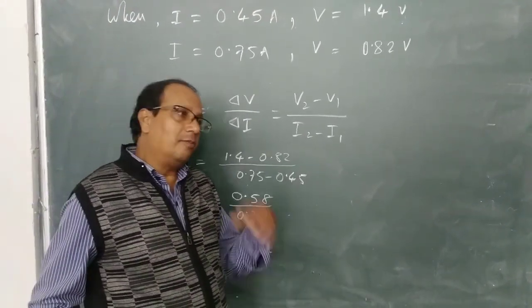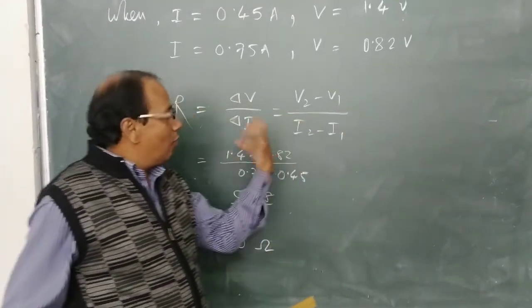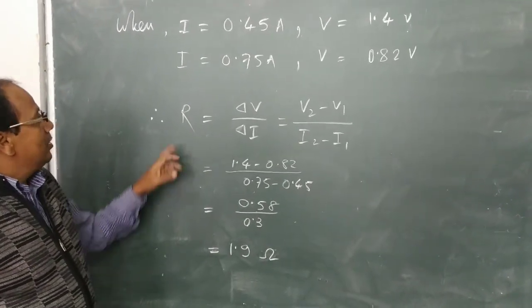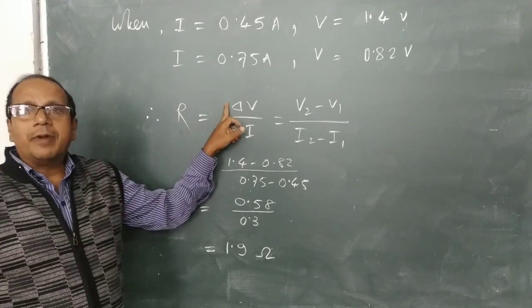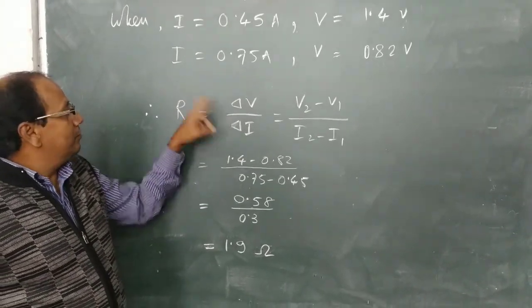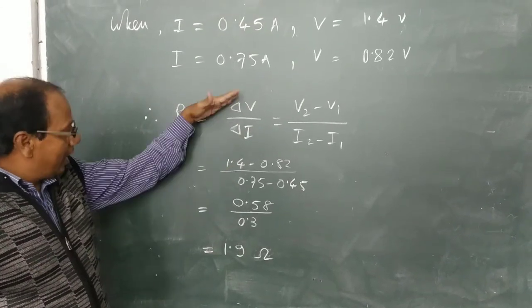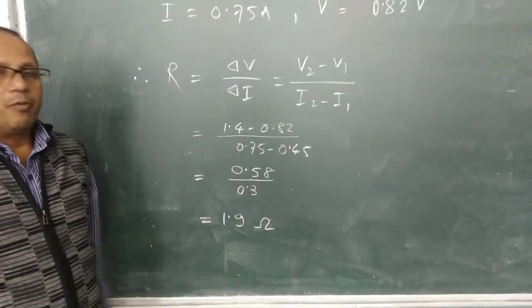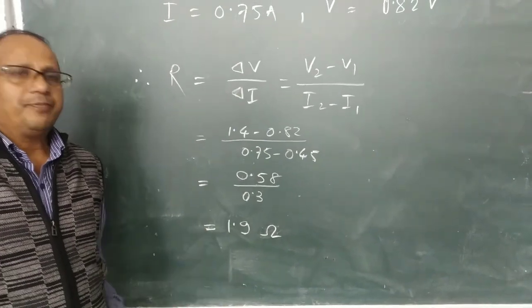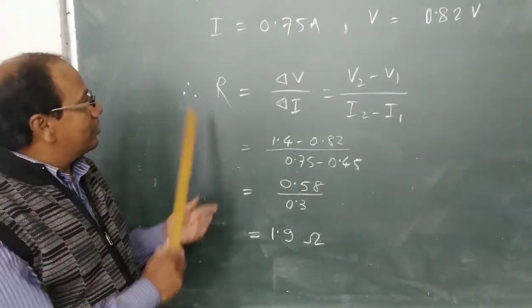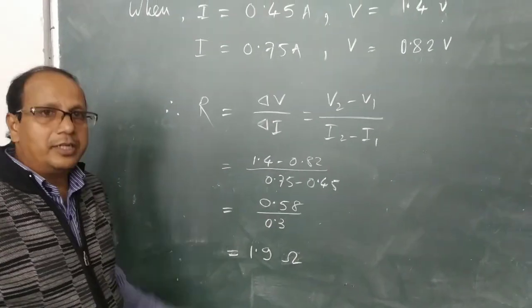And from Ohm's law, the resistance can be calculated: resistance is equal to V by I. Instead of V by I, we have put from the graph delta V by delta I, and we have seen the calculation is 1.9 ohm. So we can say we have verified Ohm's law as well as calculated the resistance of the conducting wire. Thank you.